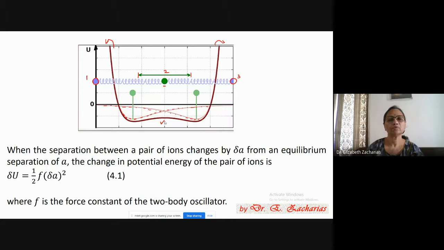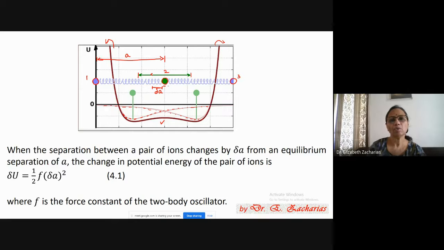When it is sitting here, the potential energy is a minimum. And what happens when you move away? Let's say it is moving a distance delta A. What is A? A is this distance.